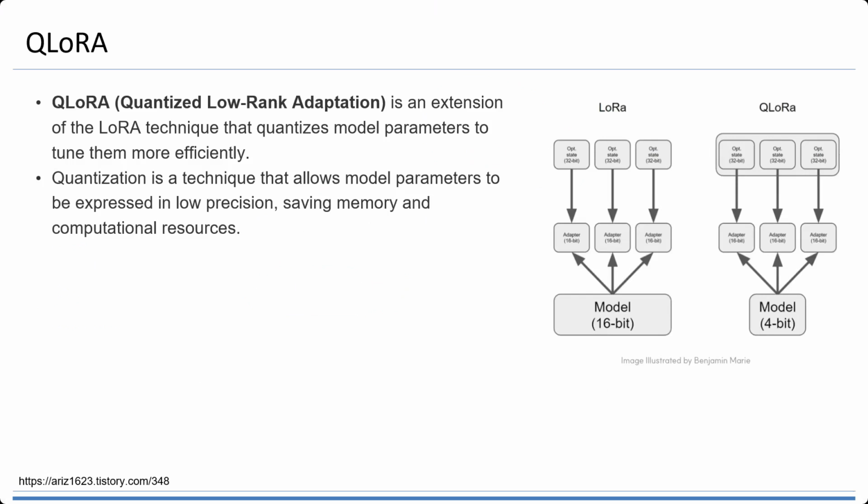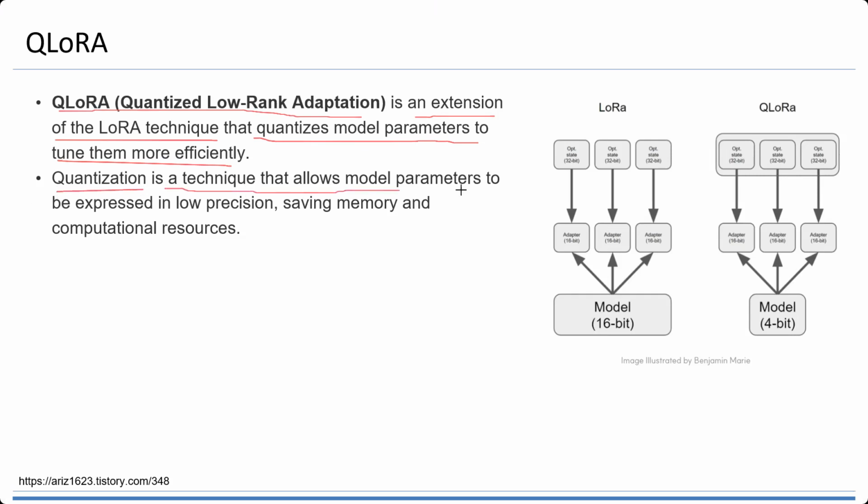There is another kind of method for the parameter efficient fine tuning. We call it QLoRa, or quantized low rank adaptation. The QLoRa is an extension of the LoRa technique. It is to quantize the model parameters to tune them more efficiently. So the quantization, we call it quantization.